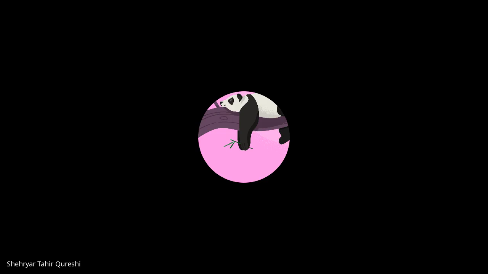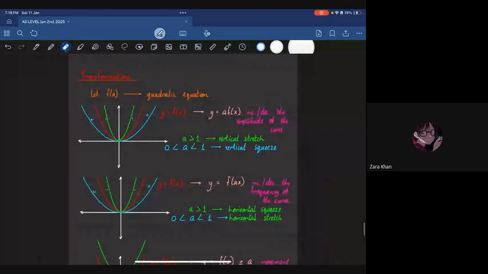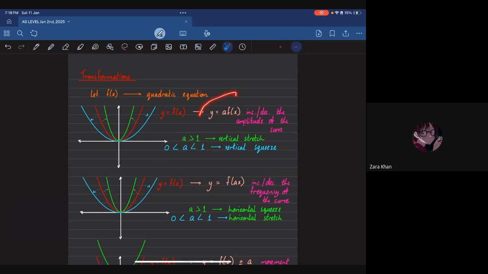In today's class, obviously, we're going to continue where we left off in our previous class, which was transformations. If I remember correctly, we did simple transformations regarding what sort of movement takes place if something is added to your graph, and what sort of movement takes place if something multiplies with only x inside your equation.